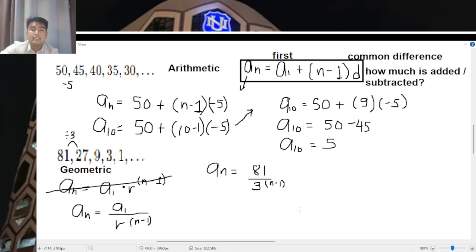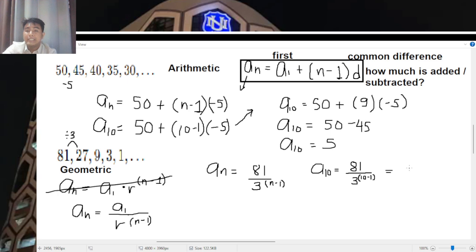That's the formula. Now, how about the 10th term? There you go, 81 divided by 3, and then it's just 10 minus 1, and there you go, 3 raised to 10 minus 1.